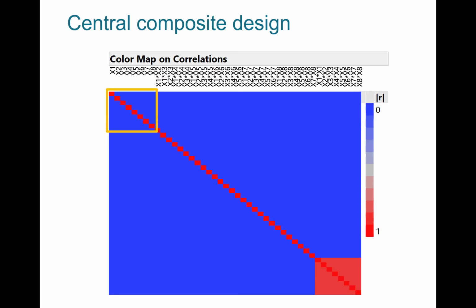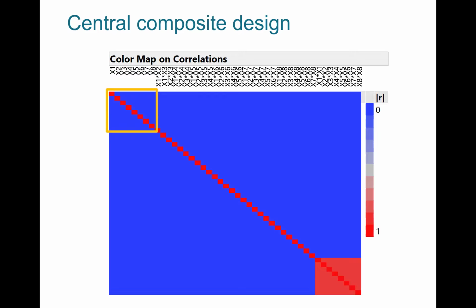Now, what is really nice about traditional response surface designs, for example, the 8-factor central composite design, is that the top left part of the color map is perfectly blue, except on the diagonal.